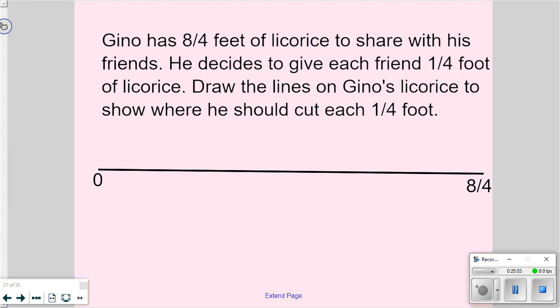If it's not, we don't have enough for our friends. If you've got 8 pieces on there, go ahead and label each piece.